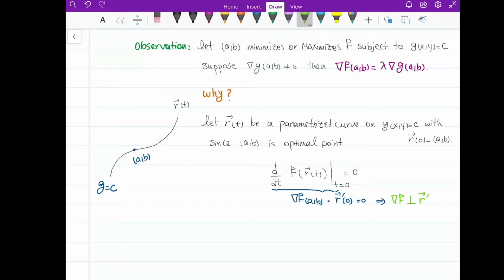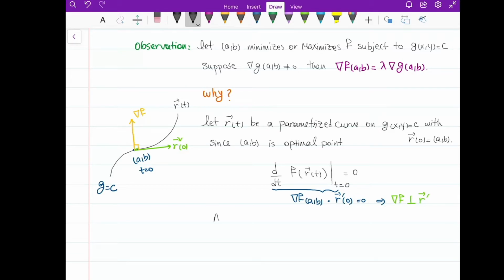So let's have r prime like that. Let me graph it in here. This is r prime at 0, and this is gradient of f, basically perpendicular to r prime, because this point a and b is the optimal point, so the derivative would be 0. Using the definition, I get that.